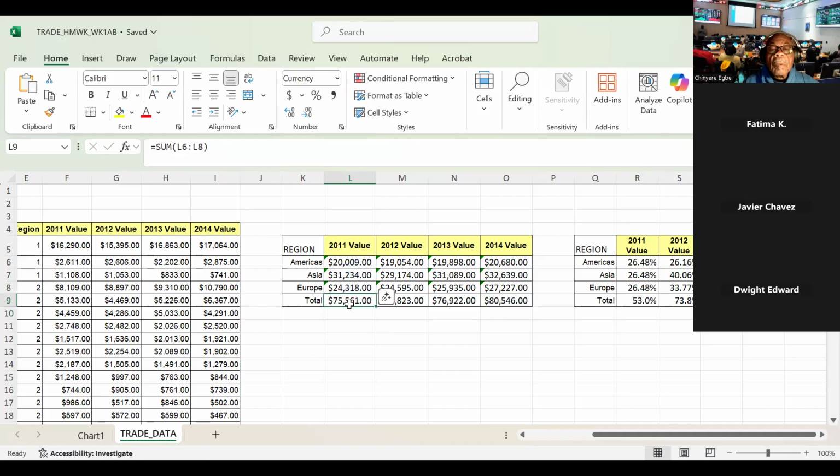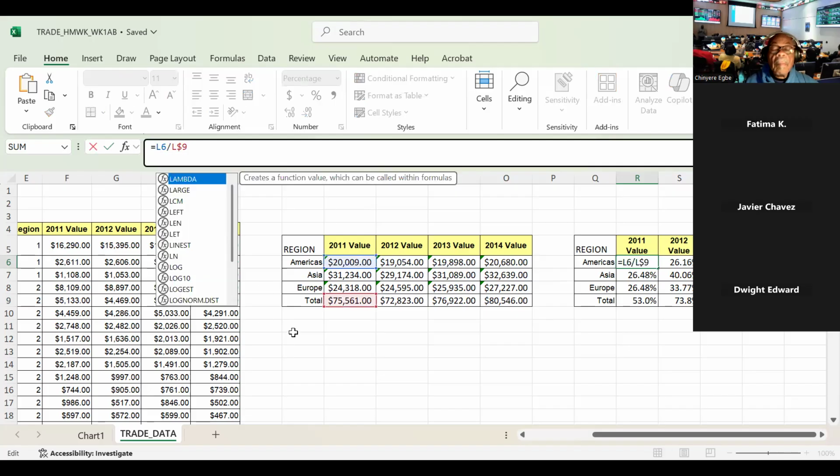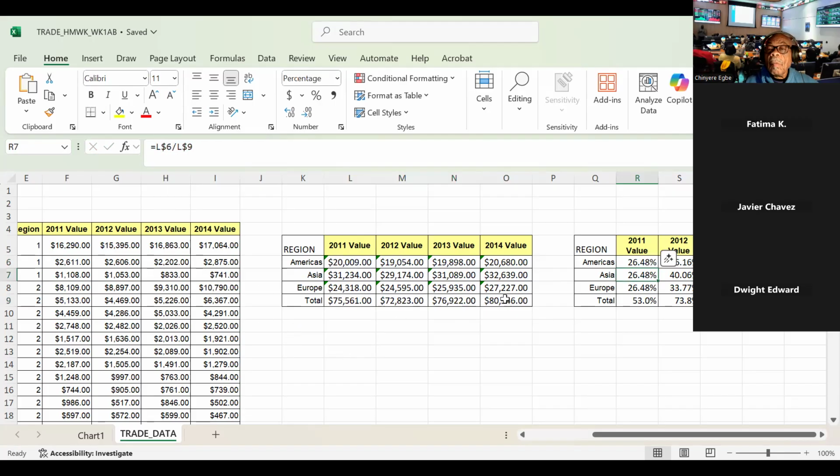Okay, so moving down, this is L6. When you do the drag down, it doesn't accommodate for Asia and Europe. So you'll have to enter it individually for Asia. You can drag it down horizontally and then drag it down. Yeah, oh yeah, it works now. But it should be 100%.